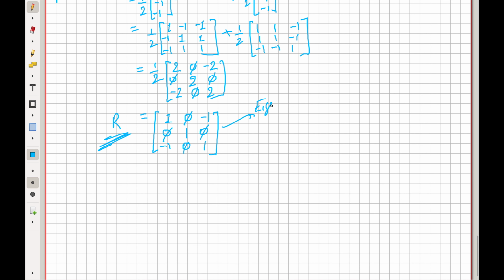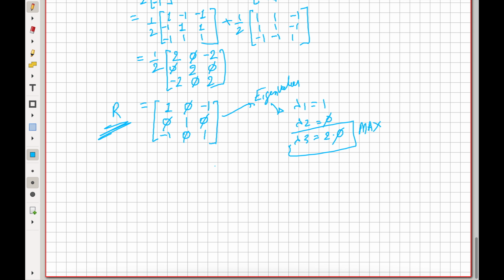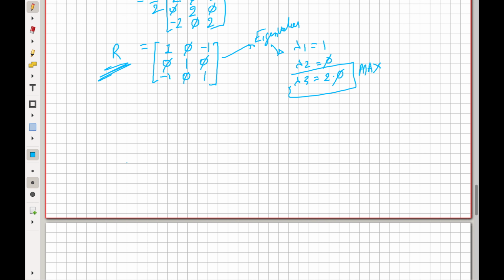For this we need to calculate the eigenvalues. To save time, I already have them. Lambda 1 is equal to 1, lambda 2 is equal to 0, lambda 3 is equal to 2. So this is the largest eigenvalue that we have for R, and that is what we are going to use to get our learning rate alpha.